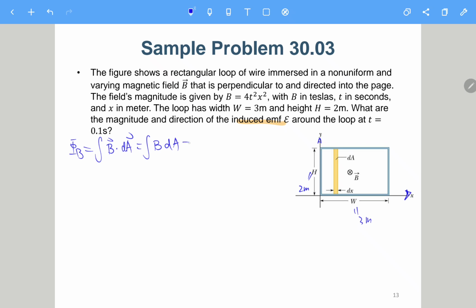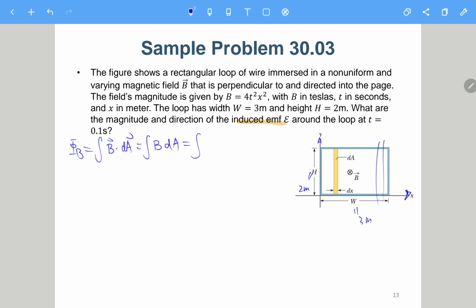Here we try to do some variable change. As much as the B field does not relate to the y-axis coordinate, we can simply cut this whole rectangle into a tall one.